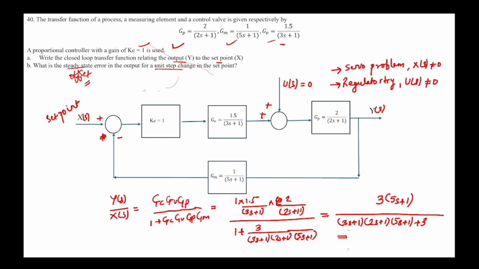Now the second part is asking for steady state error. Steady state error means offset, and offset is equal to R infinite minus C infinite, where R is the set point and C is the output. In this case, X infinite minus Y infinite.